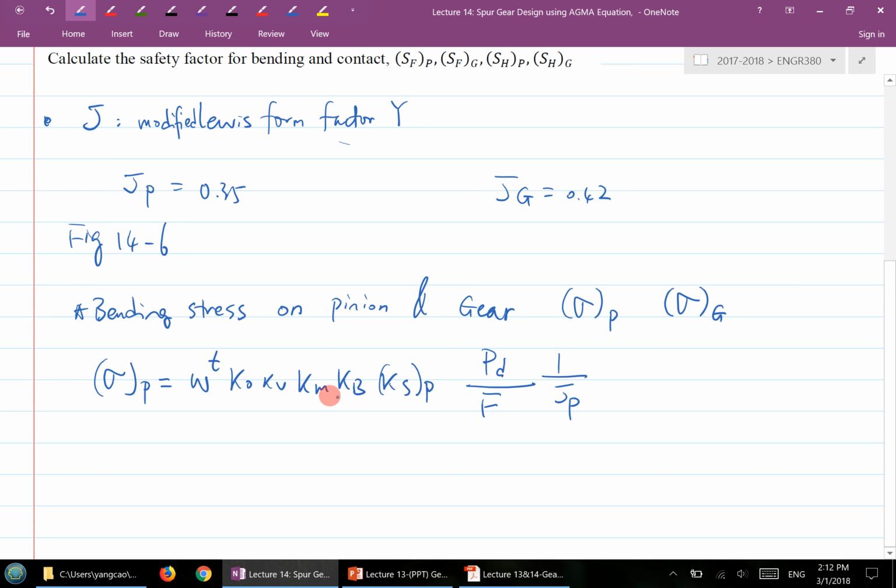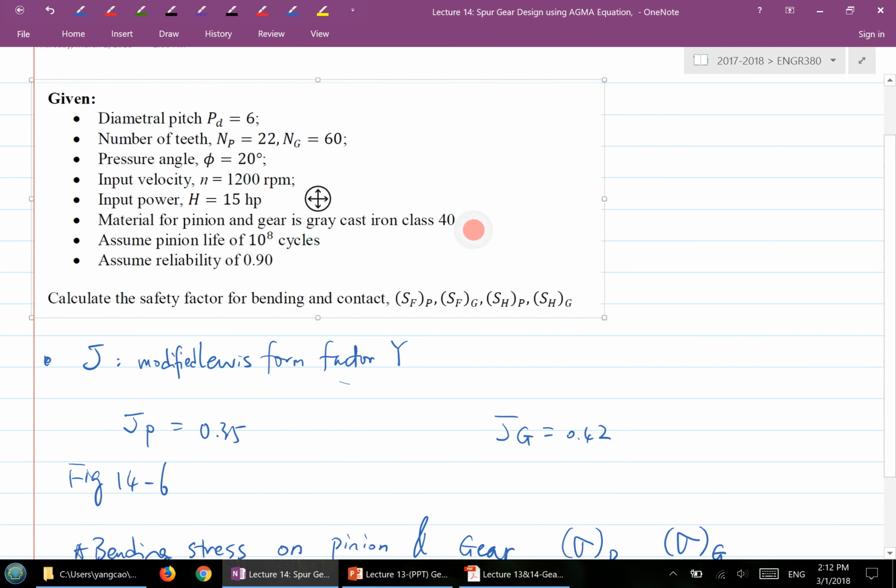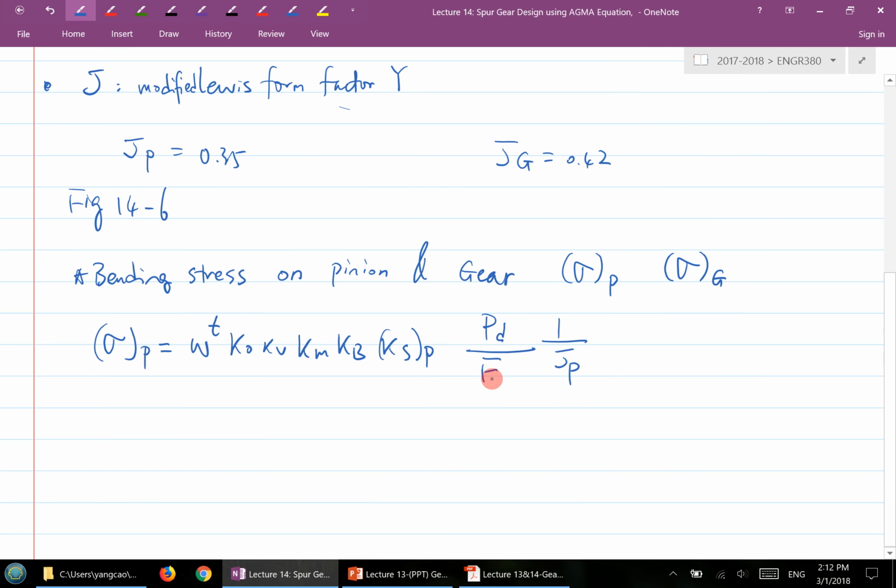Those numbers we calculated in the previous lecture, Wt. Diametral pitch is given, which is 6. Face width we also derived, and then we use the 2-inch and the JP, which is this. Substitute everything in here, and you get 6,809.2 psi. So that's the bending stress on the pinion at the root location, the pinion teeth.